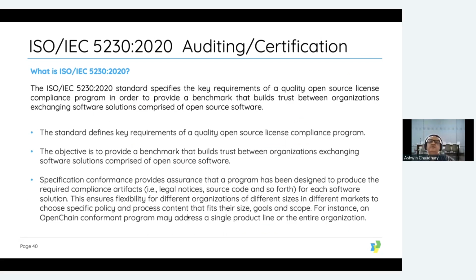In order to provide a benchmark that builds trust between organizations exchanging software solutions comprised of open source software, right? So the ISO provides you a framework to validate, comply, and to build a process of how to evaluate and validate your open source software, and to have an established ISO process towards it.